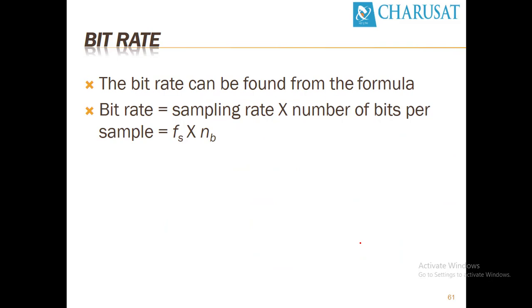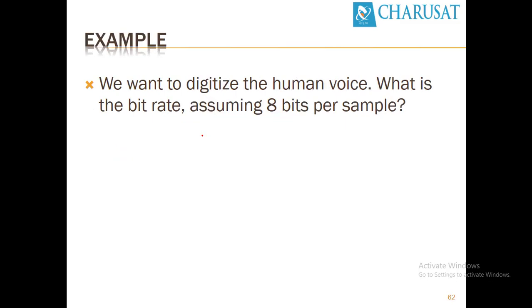Bit rate in this case is equal to the sampling rate times the number of bits per sample. The sampling rate is fs, found from the Nyquist theorem, and we use n bits to represent each sample value. For example, we want to digitize human voice. What is the bit rate? Assume 8 bits per sample are used to represent those voltage levels.